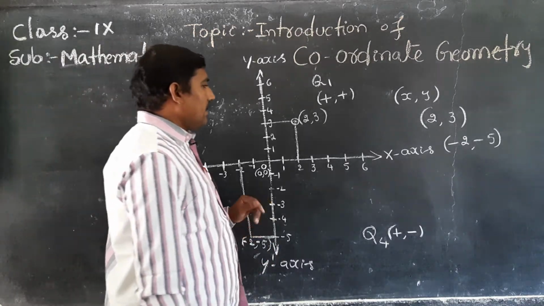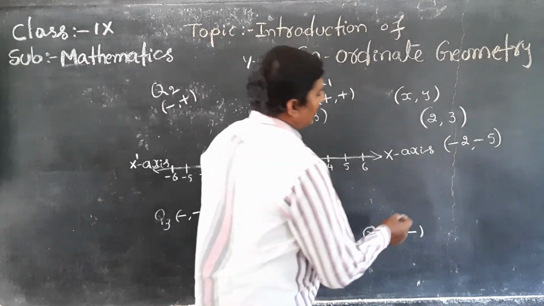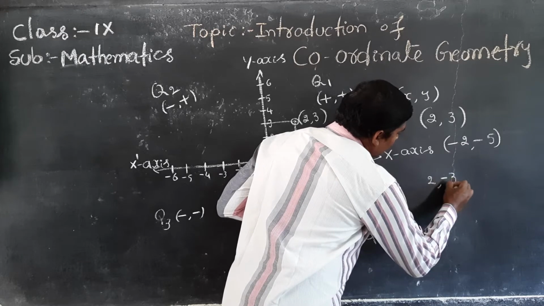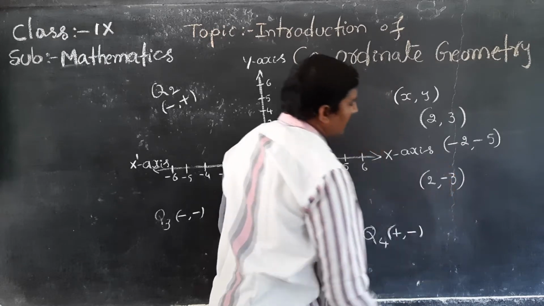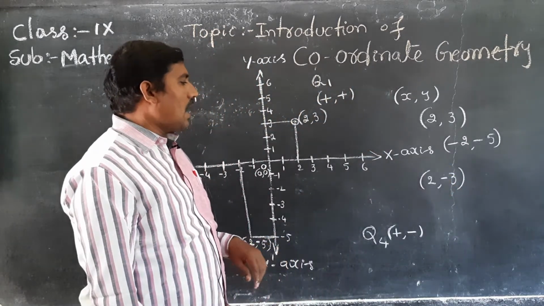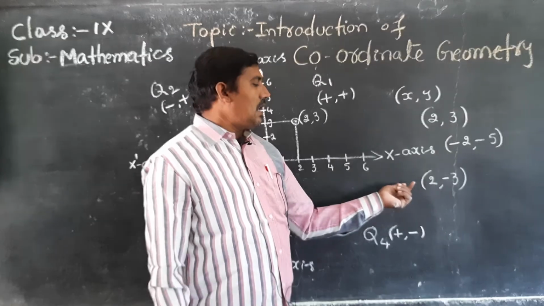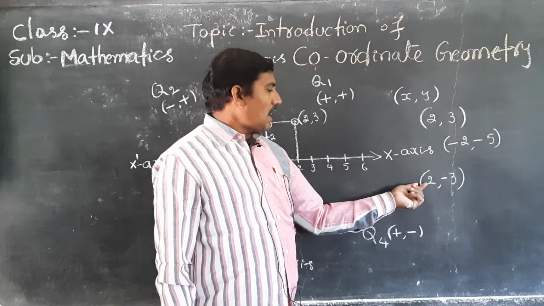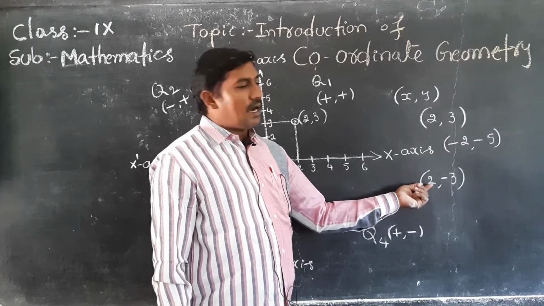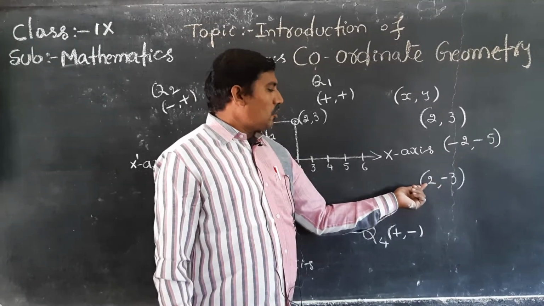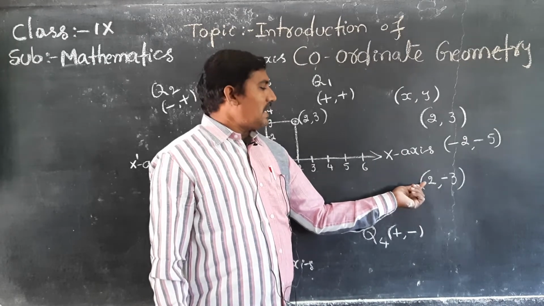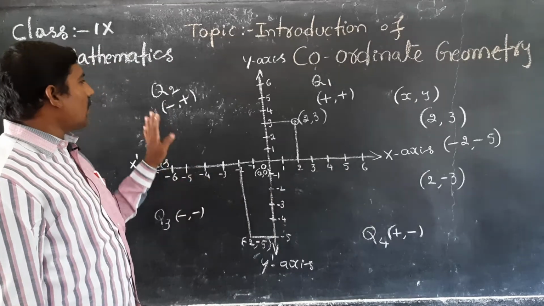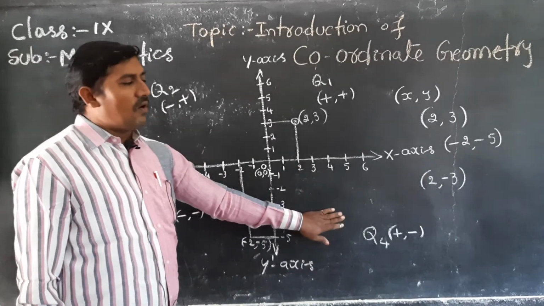Okay. See, we will take still more examples. 2 comma minus 3. Here the abscissa, the x value, is 2, and the ordinate is minus 3. Here 2 means plus 2, and plus comma minus is under quadrant 4.